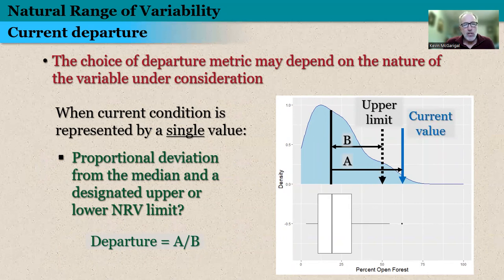When the current condition is represented by a single value, as in the example shown here, we essentially have a single value for the current landscape, and then we have a natural range of variability to compare it to. So if we look at the figure on the right, and we use the area under the curve, the shaded blue area, that represents the NRV distribution for this variable.